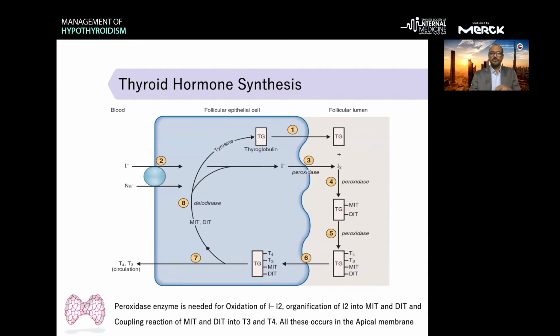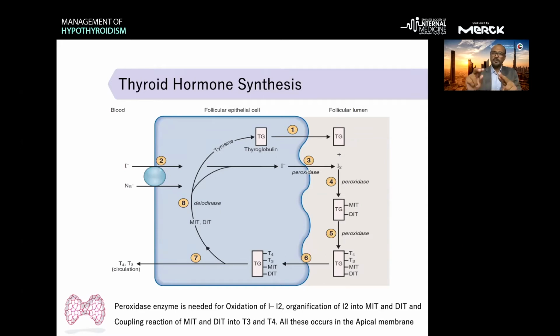The next step, which is 4, which we call organification, is where the thyroglobulin molecule is organified by the iodine to form monoiodothyronine and diiodothyronine.